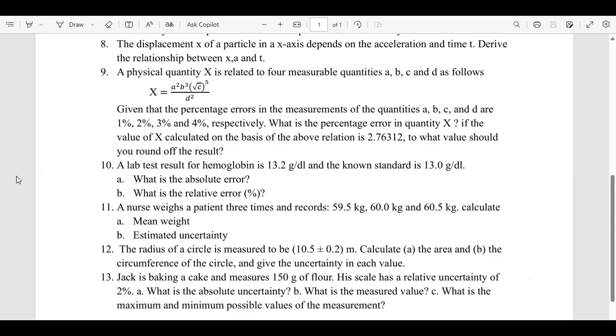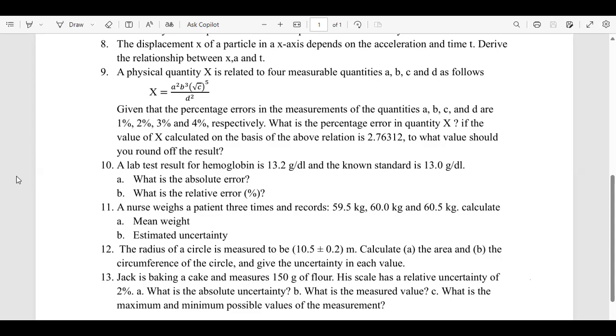But for me, who has been looking at these formulas for quite some time, I already know the equation that relates displacement with acceleration and time.